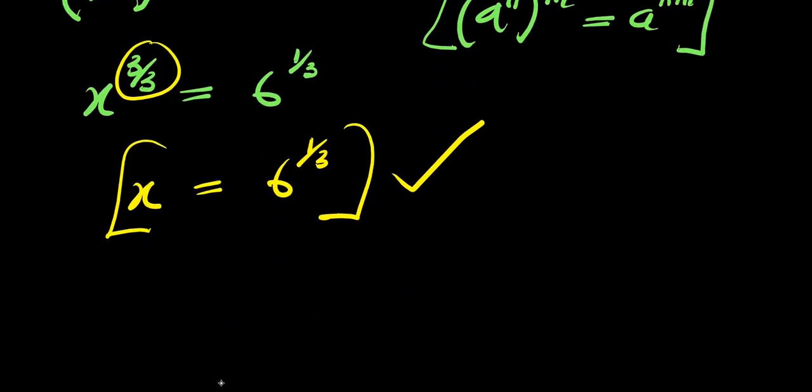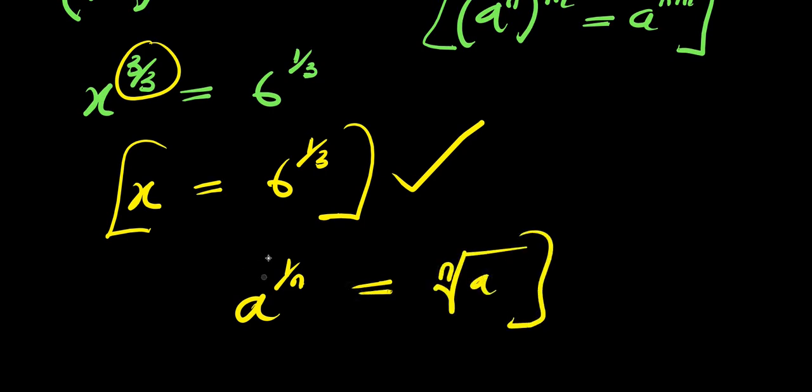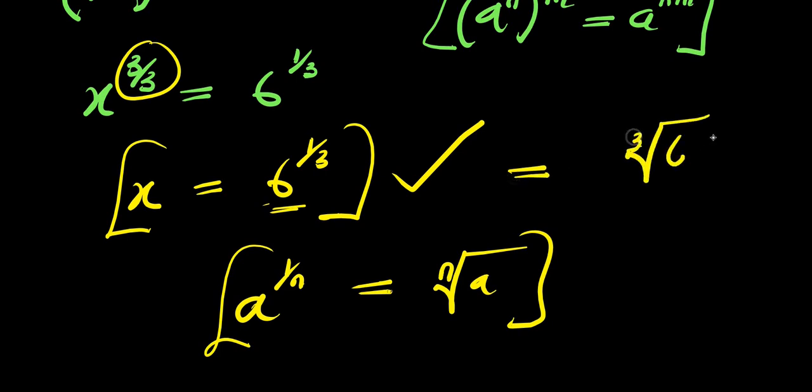Now, we can also apply this index law to simplify this. If you have a to the power of 1 over n, this equals the n root of a. So, if you have x equals 6 power 1 over 3, this equals the cube root of 6.